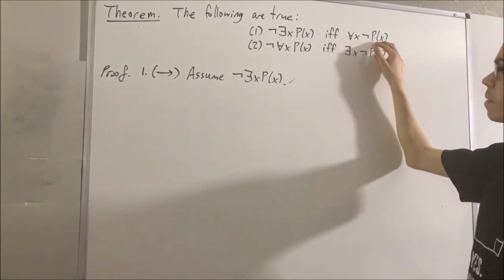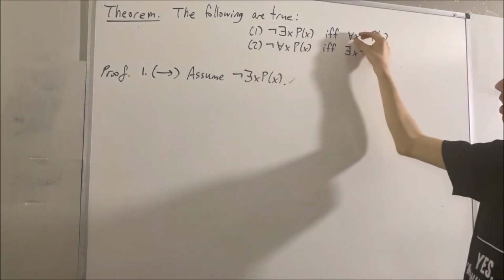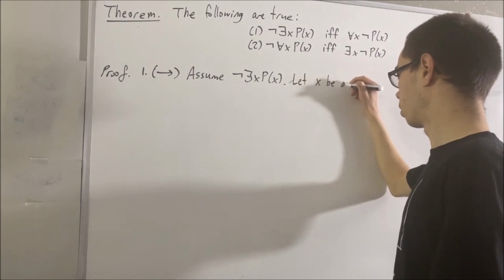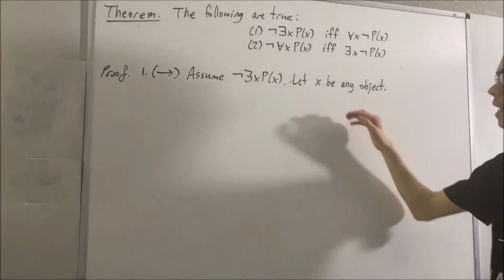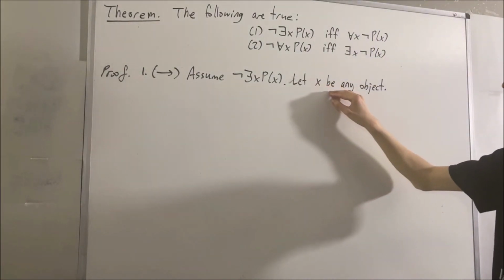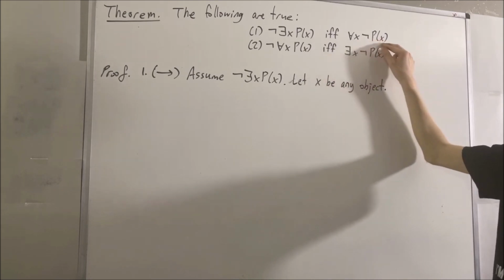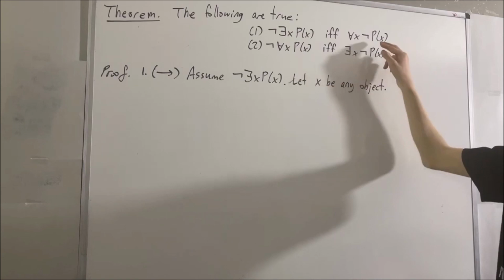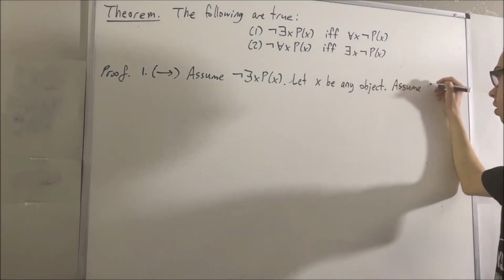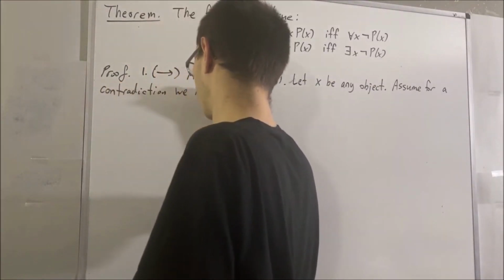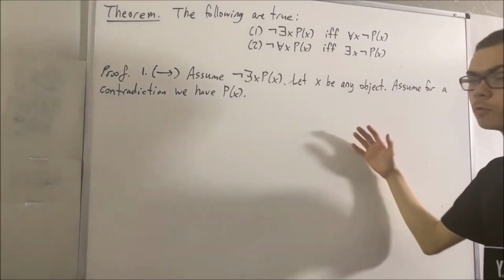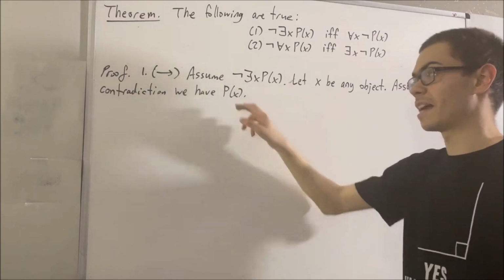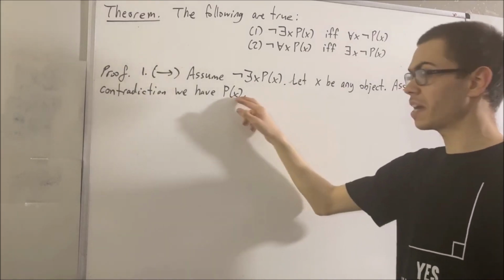And we're trying to prove a statement about all objects. So give me an arbitrary object. I'll call it x. And from here, we want to prove that x satisfies not p of x. Well, assume for a contradiction, x instead satisfies p of x. Well then, we see that there is in fact at least one object that satisfies statement p, namely x.